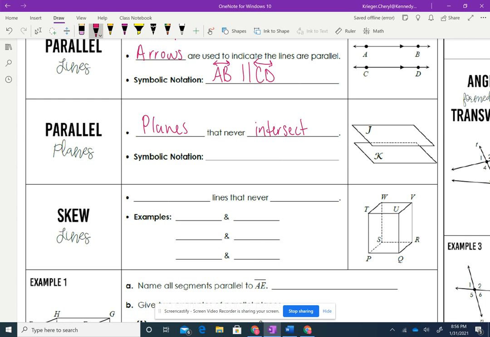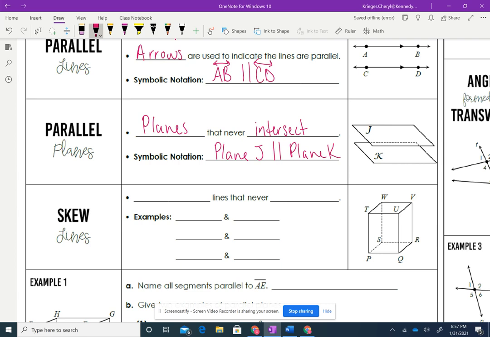The symbolic notation for parallel planes is just like the symbolic notation for parallel lines, except now we say plane J is parallel to plane K. The reason we call them plane J and plane K is that there are no points named on those planes, and we would need 3 non-collinear points to name a plane, so we're just going to call them by the capital letters J and K.